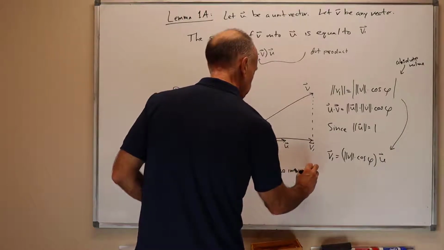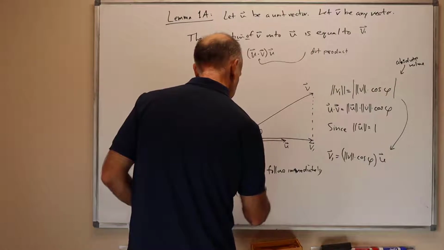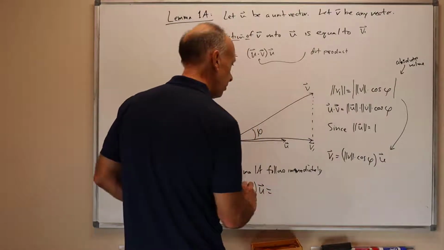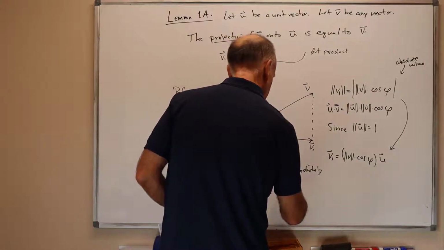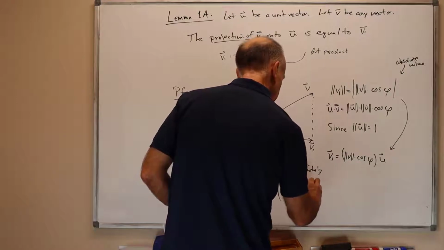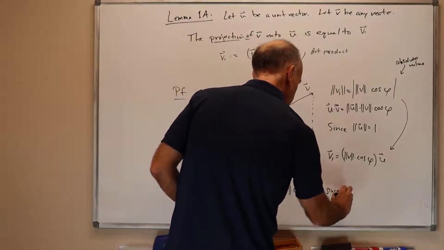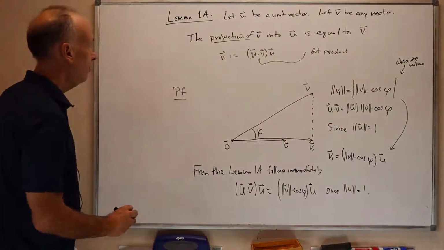Okay, because we have that u dot v times u is equal to the length of v times cosine of phi times u, since the length of u equals 1. Okay, so that proves lemma 1a.